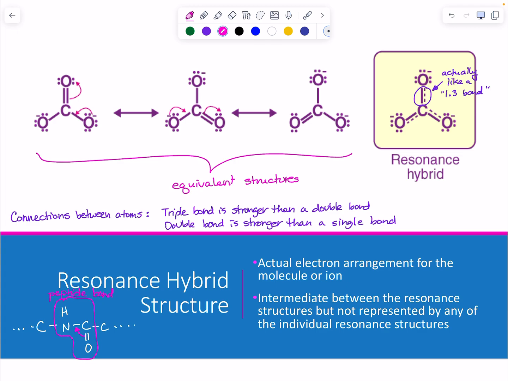Okay, so you have a resonance structure where you can have, so I'll just draw the hybrid here, okay? So this is your hybrid resonance structure. And so this bond actually behaves like a 1.5 bond, okay?